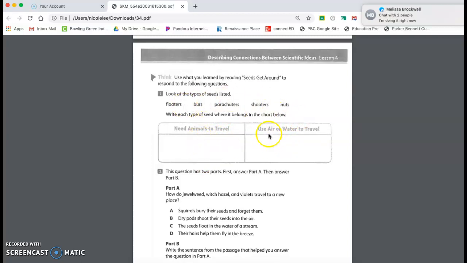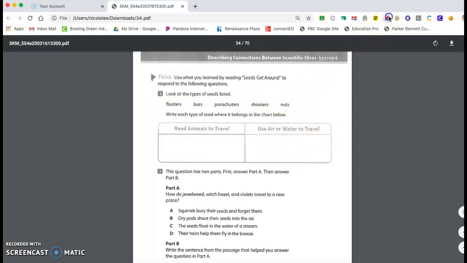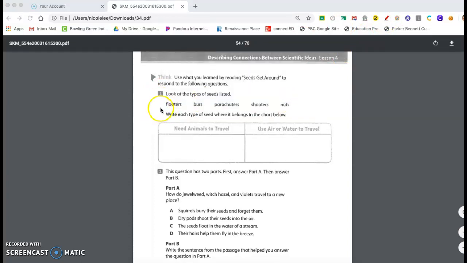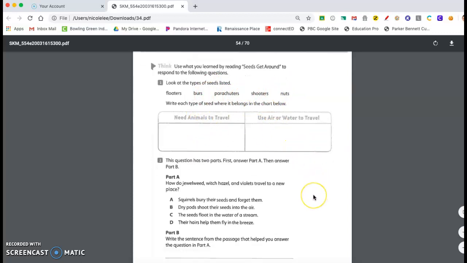And seeds that use air or water to travel, you will write them here. And these are your choices. You can choose from floaters, burrs, parachutes, shooters, and nuts. And you'll write down which category they belong in.